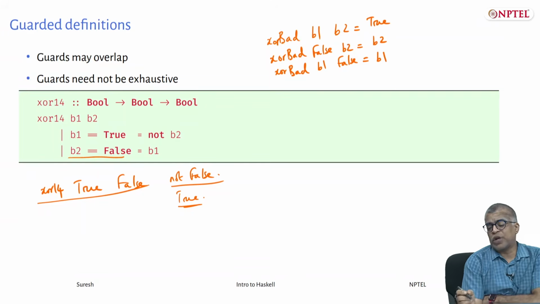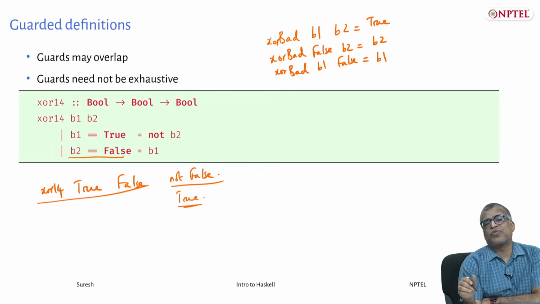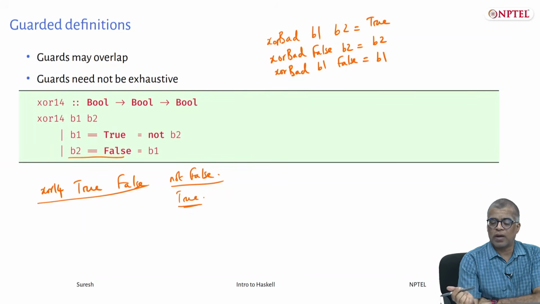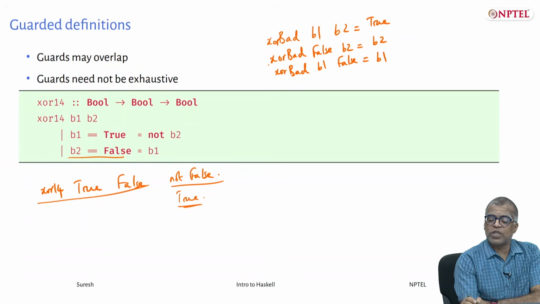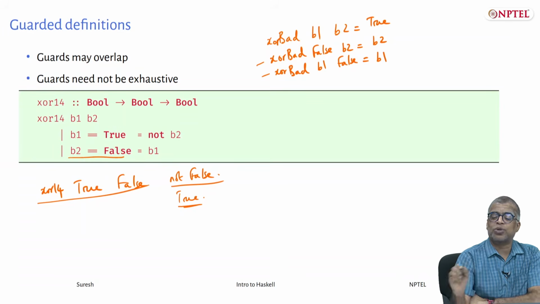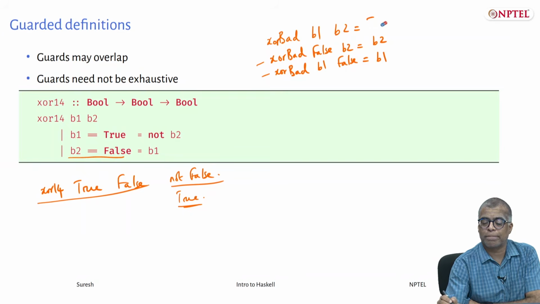Right? Here is a definition which says the first argument is false, you just return whatever is the value of the second argument. The second argument is false, you just return the value that's provided as the first argument. But if these two cases do not hold, then you should return false.